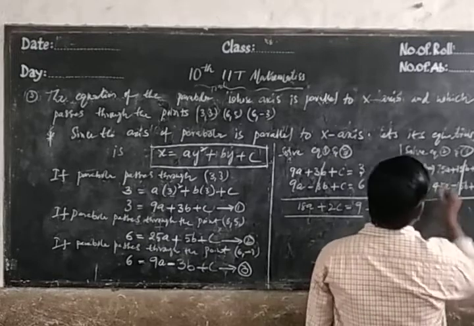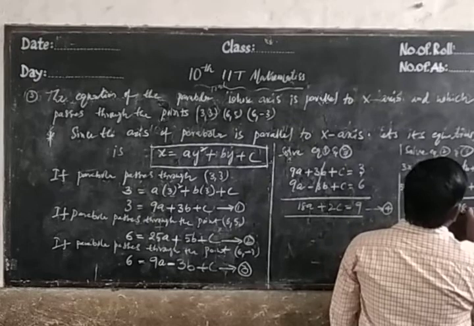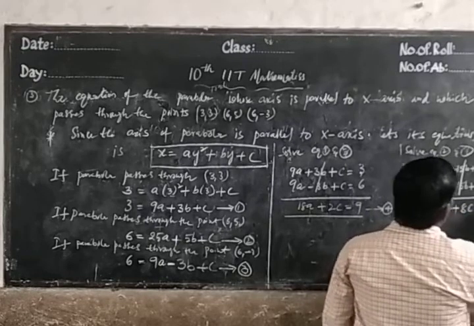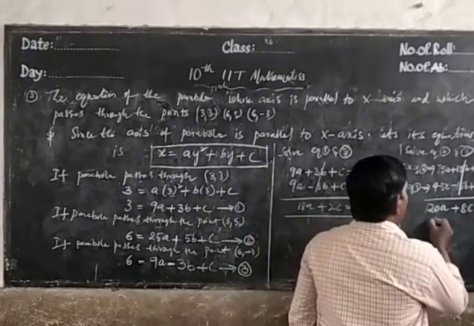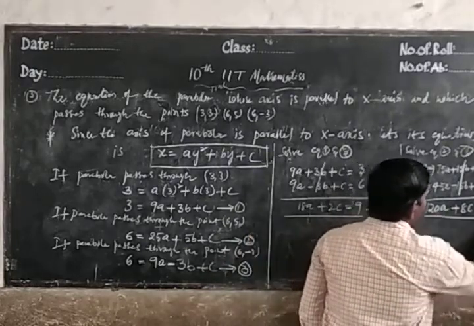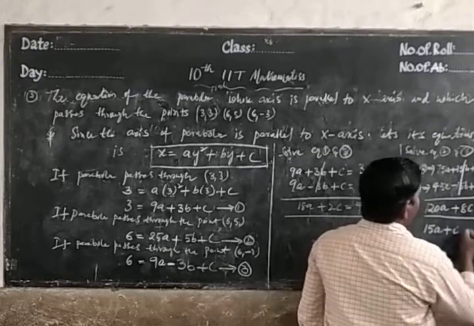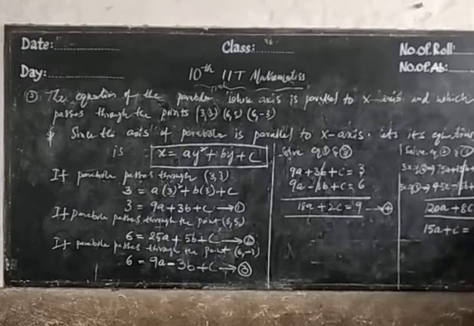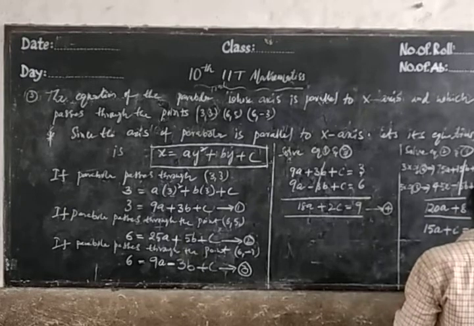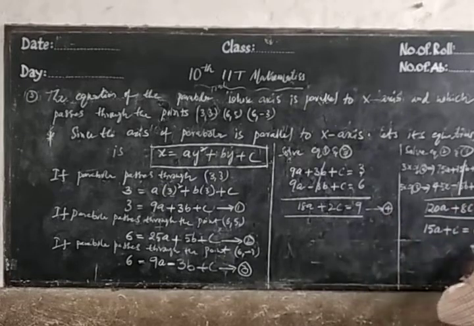Now 120a plus 8c equal to 48. 8 table, cancelling 8 table, 15a plus c equal to 6. 8 15s are 120, 8 1s are 8, 8 6s are 48. This is equation 5.